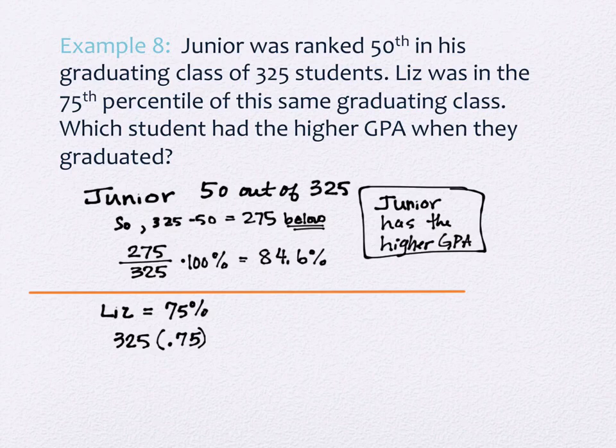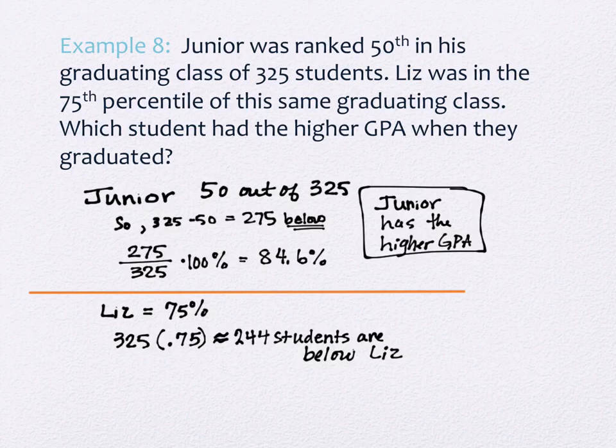So if you do 325 times 0.75, we're going to round, it has to round for it to make sense. So rounded, it's 244 students. What about these students? They're below Liz. Now that does not mean her class rank is 244.